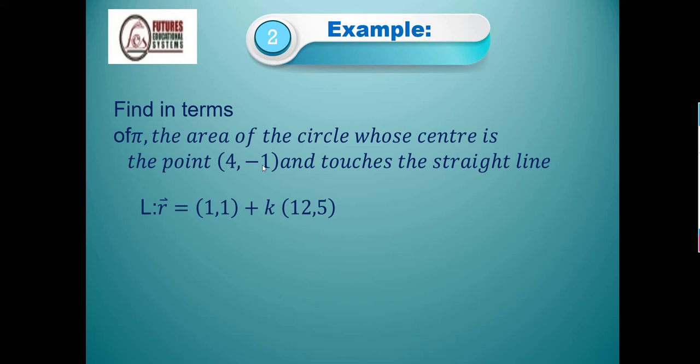It means we draw from this point a perpendicular to this line, because it touches the circle. Since the straight line touches the circle, the distance between this point and the straight line is perpendicular.